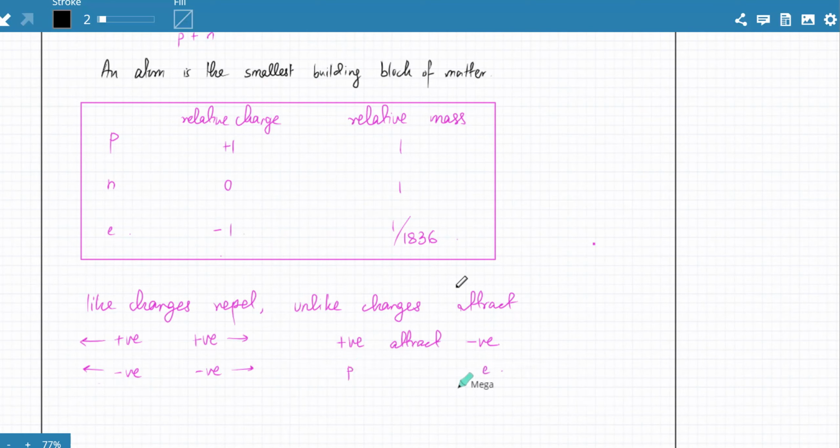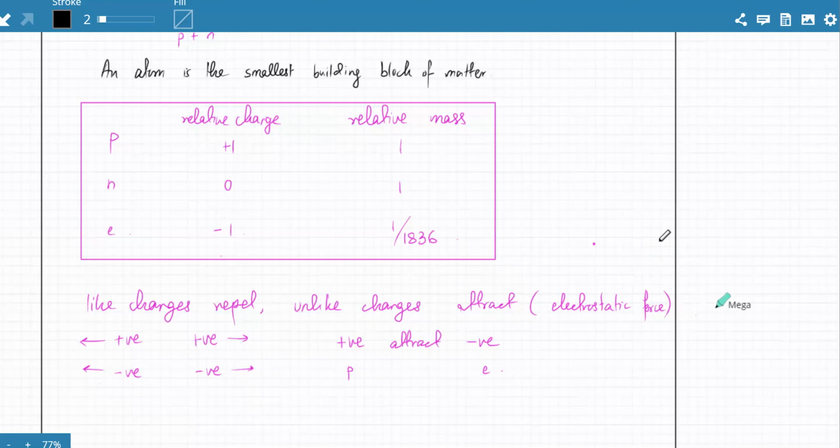This force of attraction is known as the electrostatic force of attraction. In chemistry, that's the only force of attraction. Whenever you think of a bond, or any attractive force, the only force of attraction that exists is this electrostatic force.